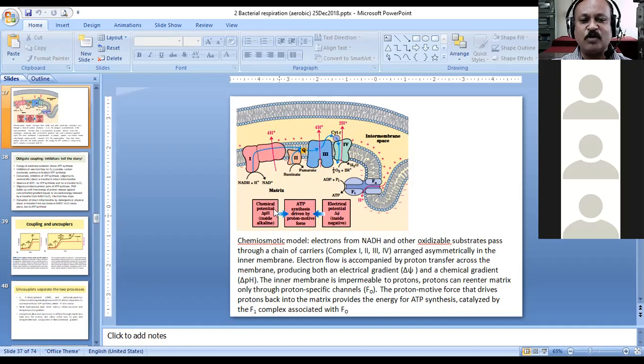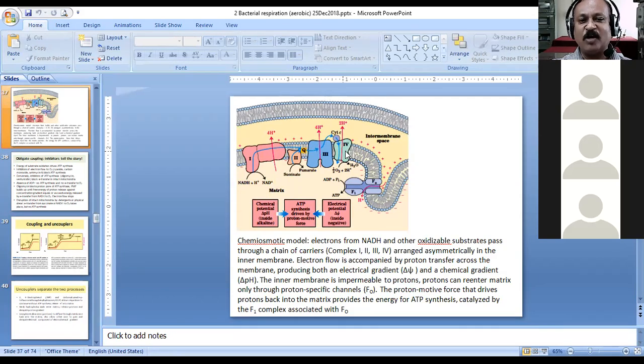The electrons are going from NADH. I think we have already seen this diagram earlier. Electrons are coming from NADH here, NADH plus H plus, and the protons are released, the electrons are also released, and the electrons go through complex 1, complex 2, complex 3, and complex 4, isn't it?